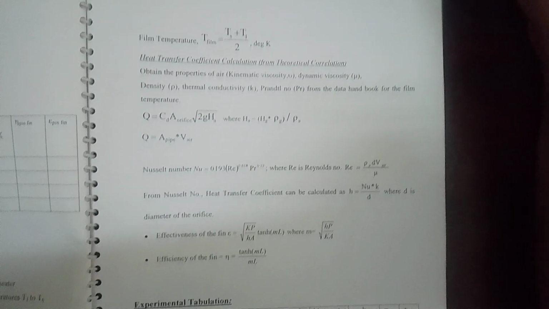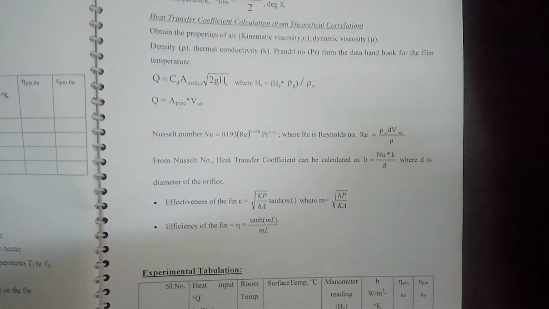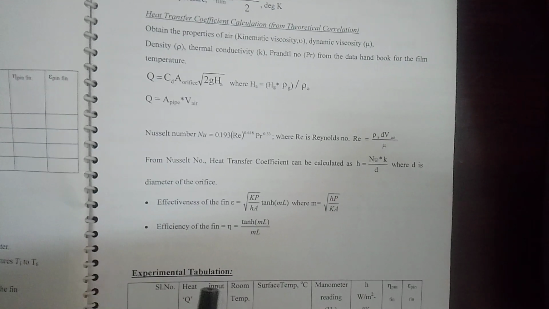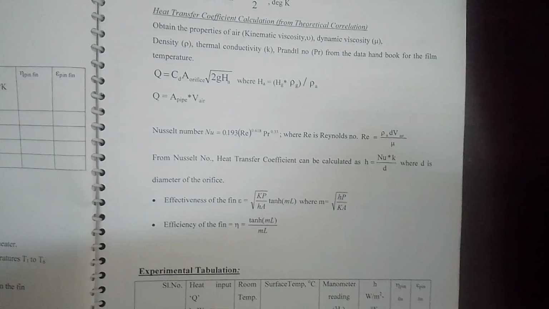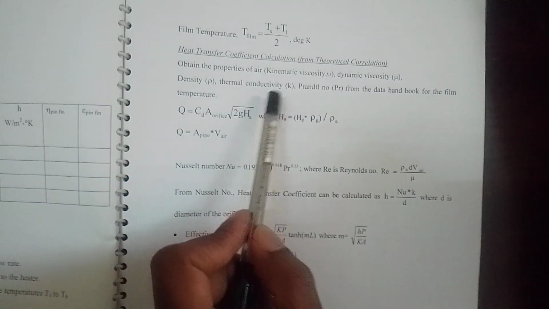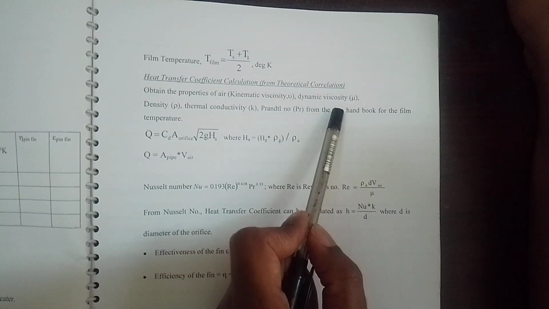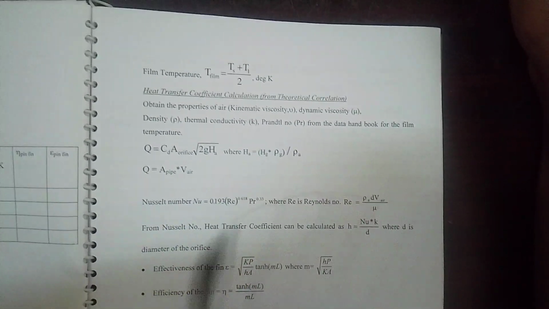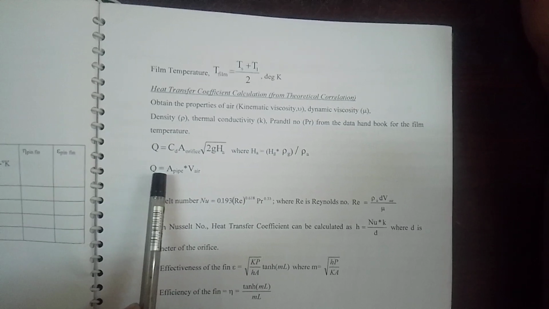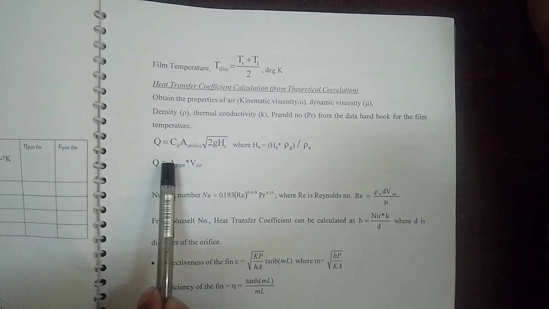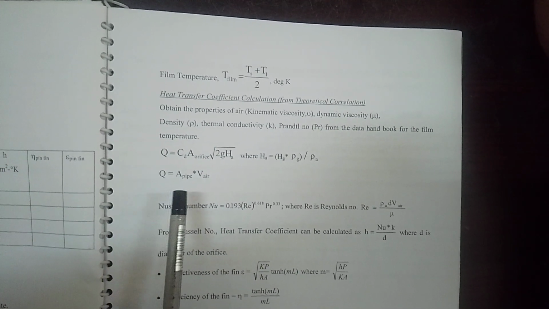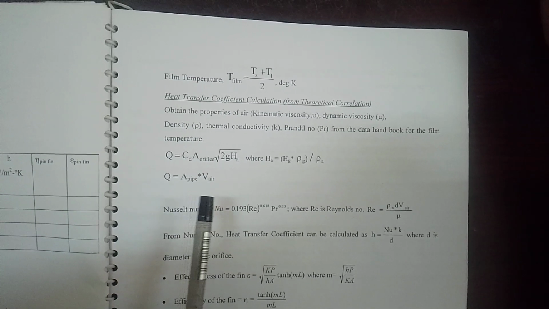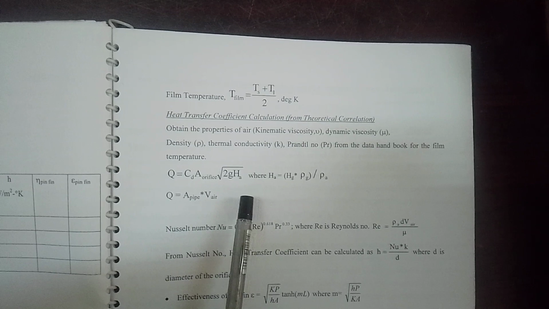We take the average, and from this we find the value. From that, we find the different properties of air from the data handbook: kinematic viscosity, dynamic viscosity, density, thermal conductivity and Prandtl number. Then we substitute those values in Q equal to Cd into area of the orifice into root of 2gh.